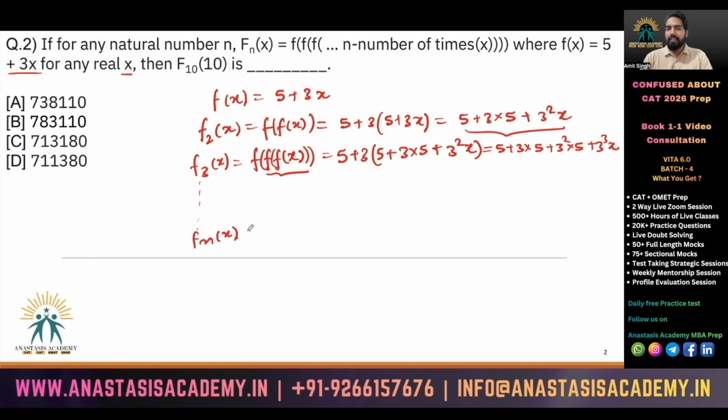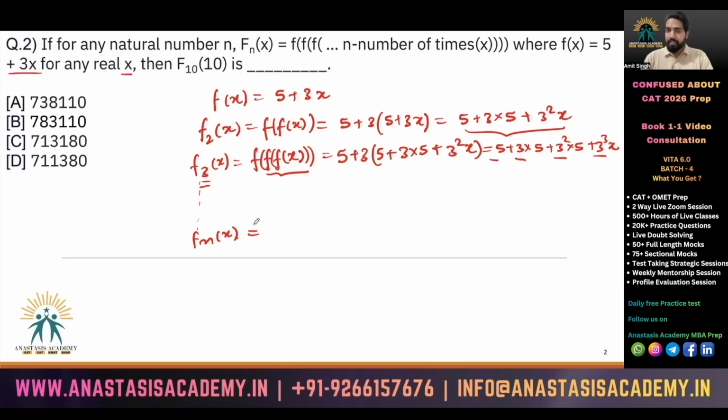Now I can generalize f^n(x), right? That means I need to put input f^(n-1)(x) into function f. So what I would see is that it is starting with a 3 raised to the power 3. Can you see for this third term, or let's say f^3(x), the highest power of 3 is 3. Then I have 3 square, then 3 raised to the power 1, then 3 raised to the power 0.